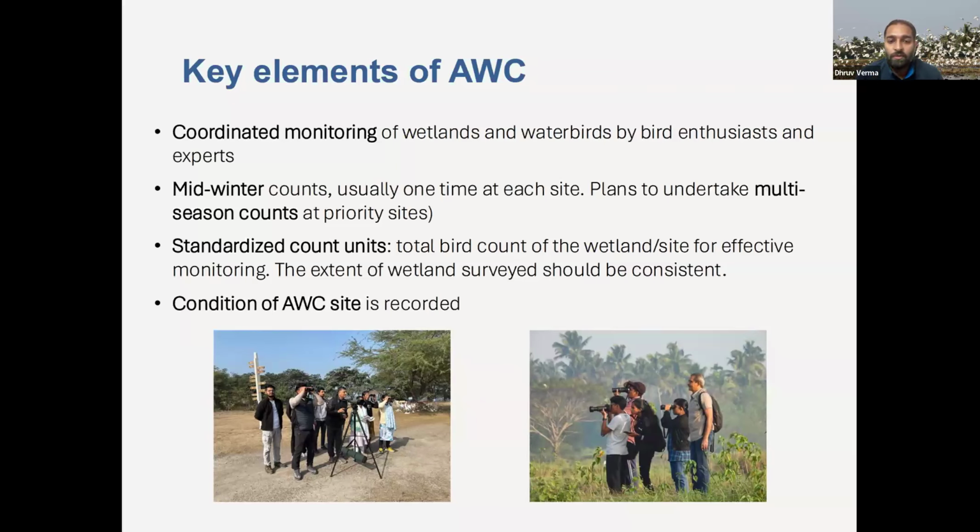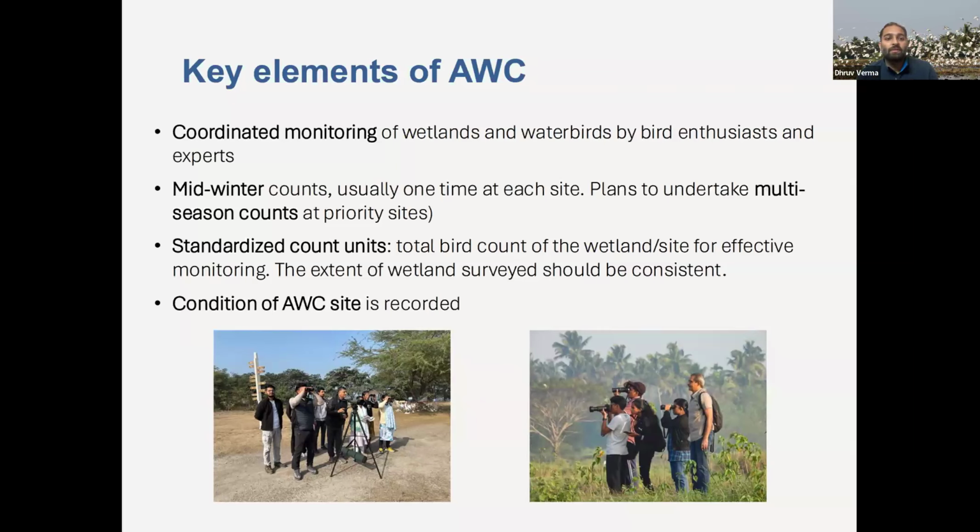And obviously, the endeavor is to cover and report the total bird count, so that over years we can say that because of changing wetland condition or whatever, the trend at this particular site is changing.